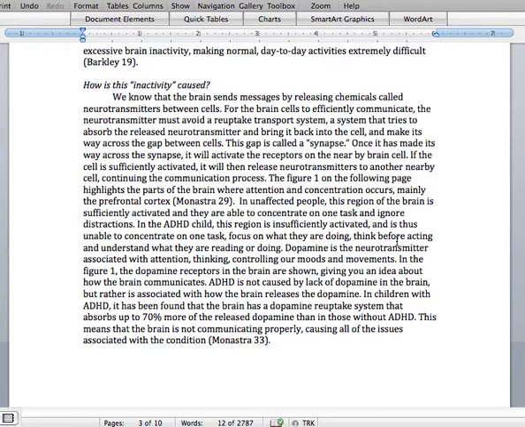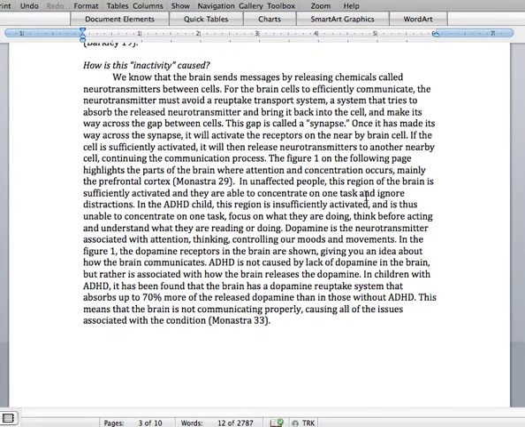So if it's able to make its way past the reuptake system and across the gap between the cells, called the synapse, it will activate the receptors on the nearby brain cell. If it's sufficiently activated, then it'll release neurotransmitters to another nearby cell, continuing the communication process.